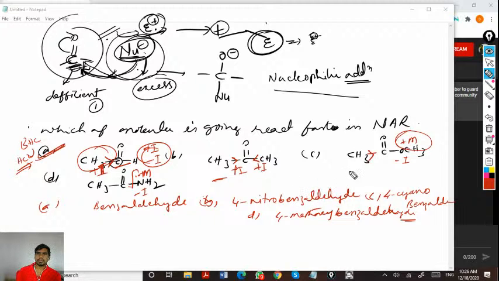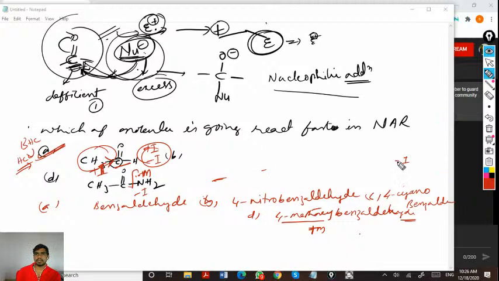Among these, methoxy is a plus M group which will supply the electron density. Let me draw the structures of the four given options. Benzoylate, where the reactive point will be the carbonyl carbon.